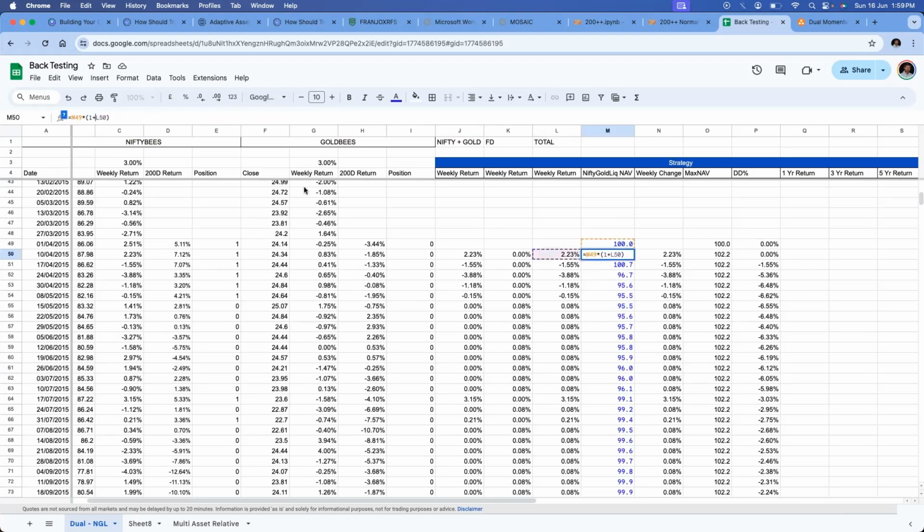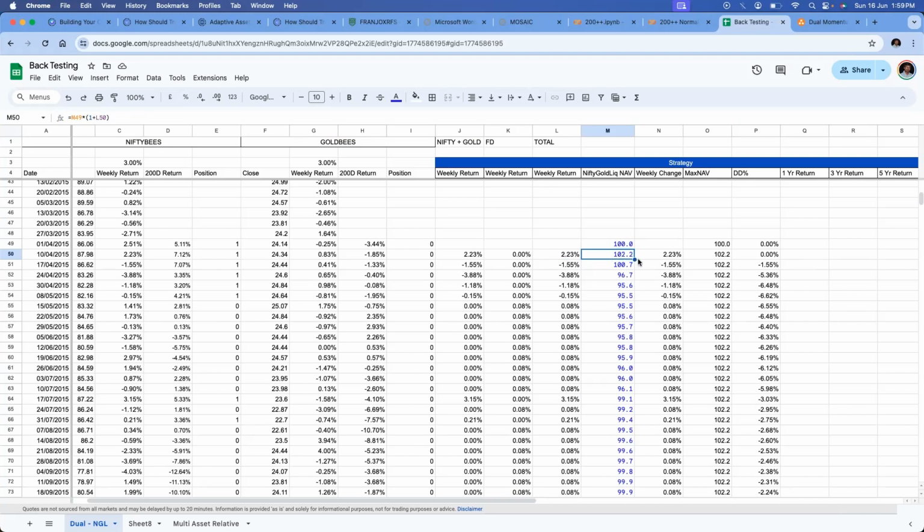So you can see that with yesterday's base price, assuming that based on yesterday's end of the day closing price, we invest today early in the morning, and we get the weekly returns for this entire week, hence we multiply by this 2.23%, which is nothing but the weekly returns of the strategy for this week. Then we get the NAV for the next week, that is 102.2.